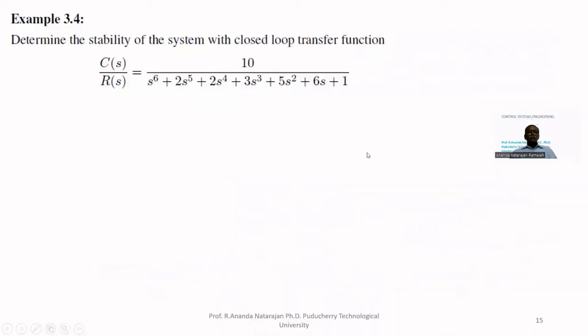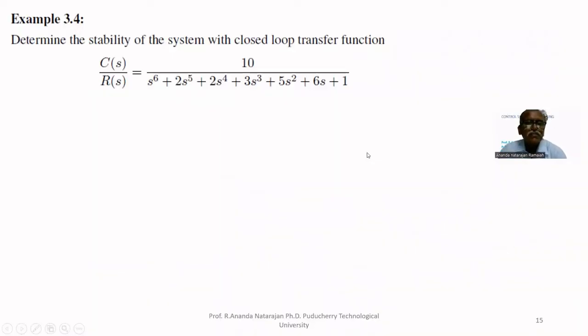But beyond that, it is very difficult to find the roots of the denominator, that is the poles of the system. That's why it is difficult to say the location of poles. So there is a procedure to find whether the poles are on the right hand side, left hand side, or on the j omega axis. For that, there is a criterion called the Routh-Hurwitz criterion. Let us see one example.